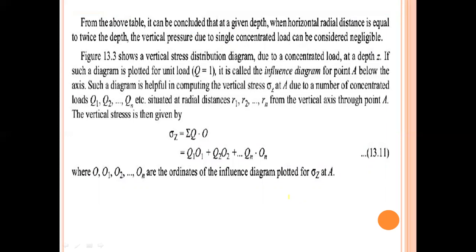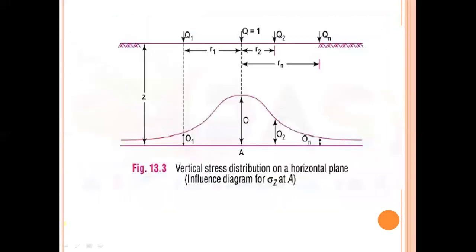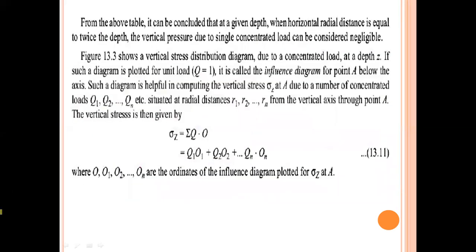Figure 13.3 shows the vertical stress distribution diagram due to a concentrated load. Here we have a number of concentrated loads Q1, Q2, up to Qn, where a single load is not considered negligible. If the diagram is plotted for the unit load Q equal to 1 at depth z, it is called the influence diagram for the point A below the axis.